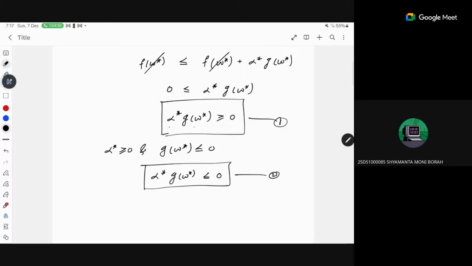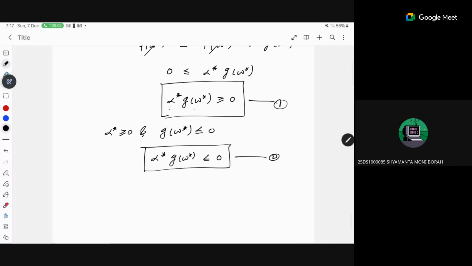So equation 1 is also true and equation 2 is also true when it is possible, when both are equal to 0. So alpha star times g of w star equal to 0, then only these two will hold, and this condition is called complementary slackness, right?